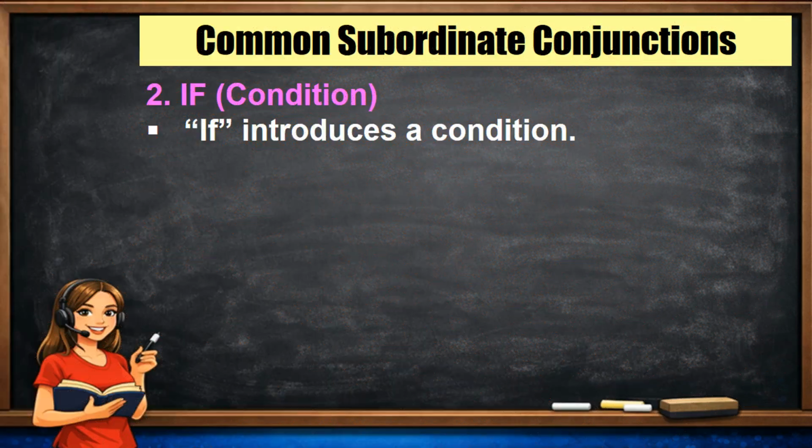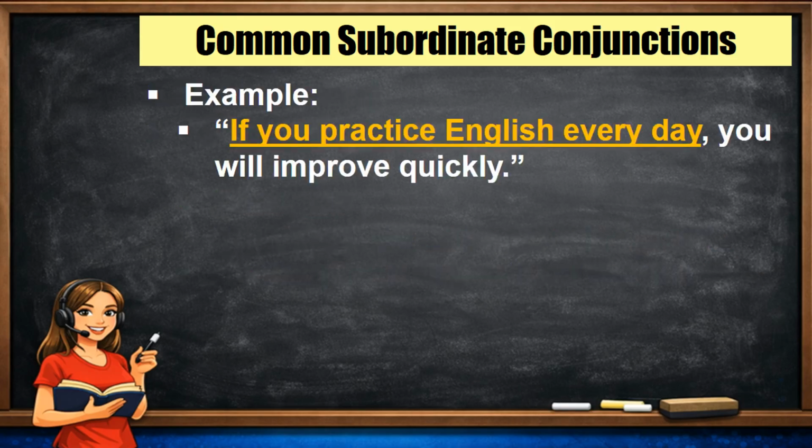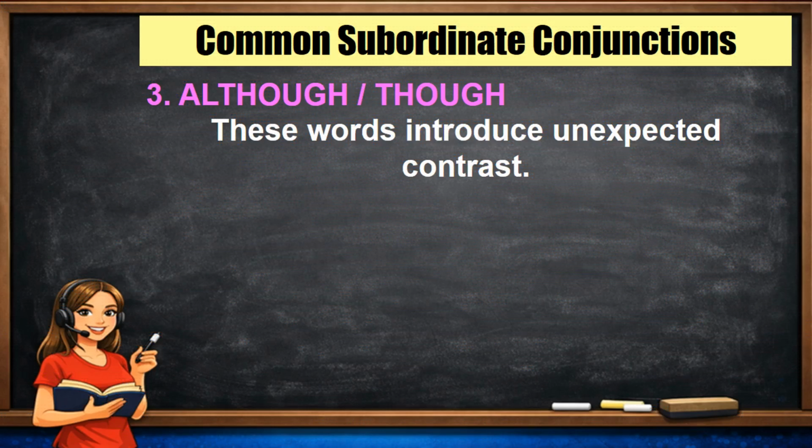2. If, condition. If introduces a condition. Example, if it rains, we will cancel the picnic. So the picnic depends on the weather. Another example, if you practice English every day, you will improve quickly. That is absolutely true. 3.